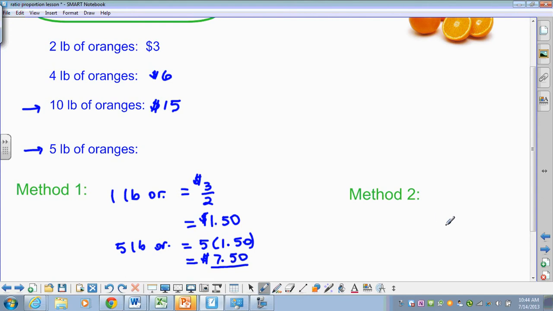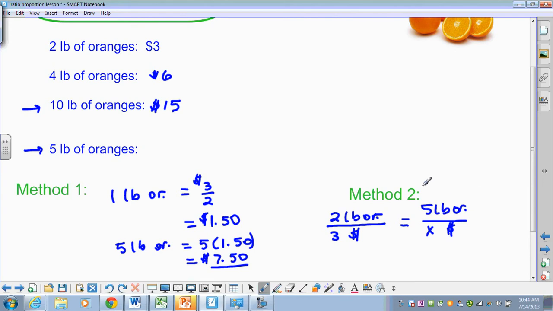Okay, method number two, this is the most commonly taught method in your math classes. We can actually set up some equations, some proportions. So what we know is that 2 pounds of oranges, we do know that it's $3, so the ratio of 2 pounds of oranges to $3 must be the same as the ratio of, right now we want the price of 5 pounds of oranges, we don't know the price, so let's just call that x dollars.